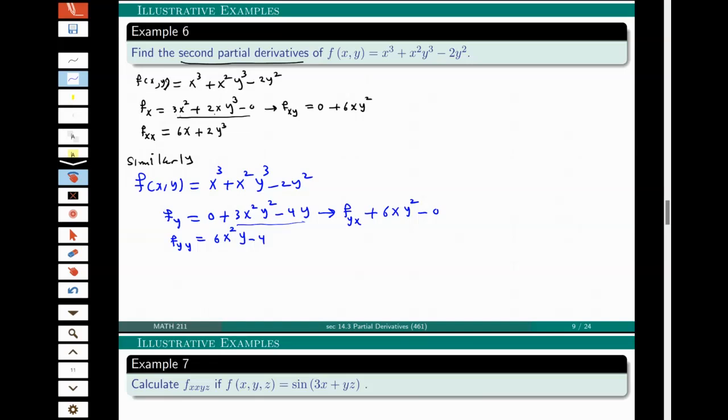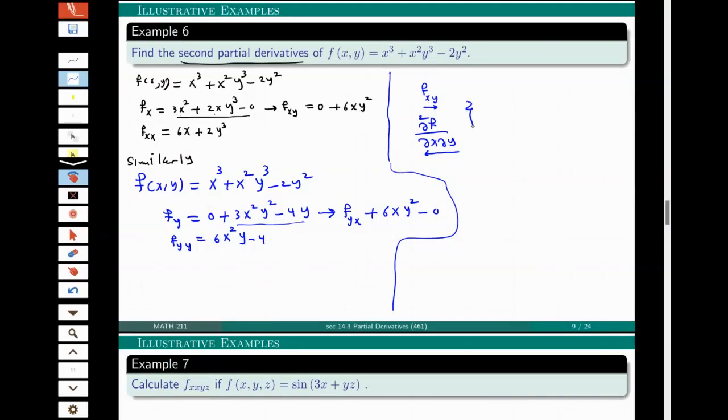Now, you can see these are equal. f sub yx is equal to f sub xy. That's one notation, but you have to be careful about one thing. When we say f sub xy, we differentiate x then y. But when we say the second partial derivative of f with respect to x with respect to y, we differentiate y then x.